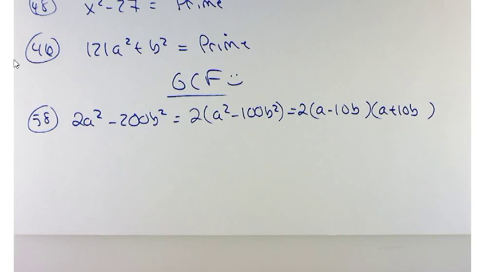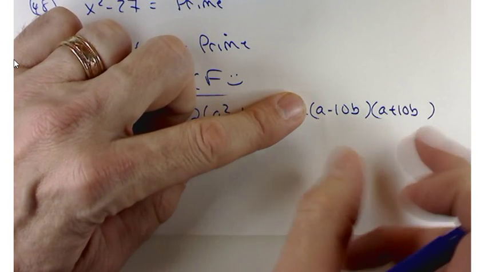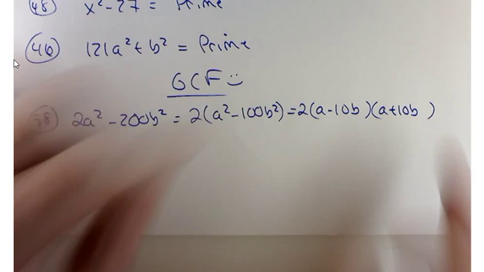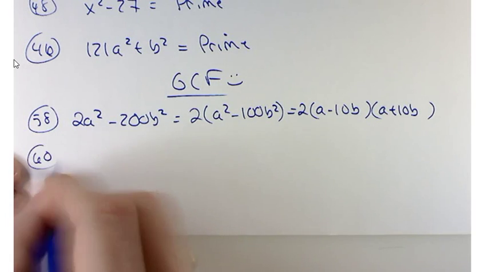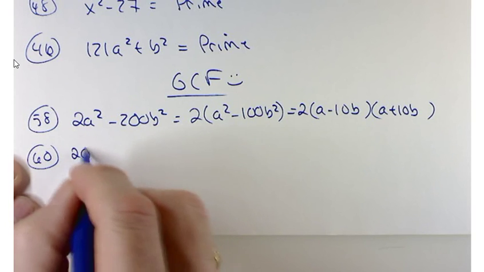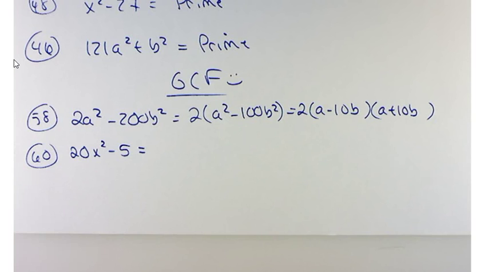Problem number 60. 20x squared minus 5. GCF first, George. What would be the GCF there, please? Excellent. This one's a little tricky, but this one continues to factor as the difference of squares.